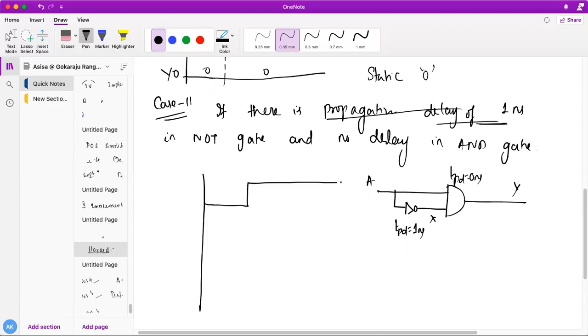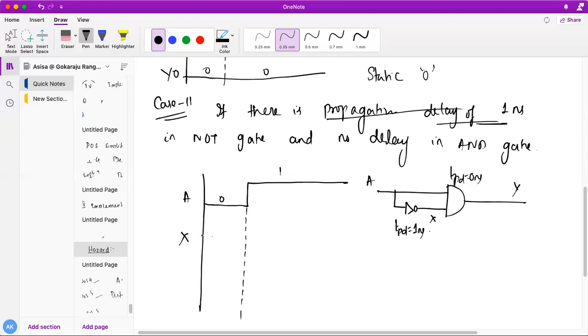This is my A, 0 and 1. After that, what is happening here? It's connected to the NOT gate with 1 nanosecond delay. So with 1 nanosecond delay, what can I expect here? My output X will come after 1 nanosecond.